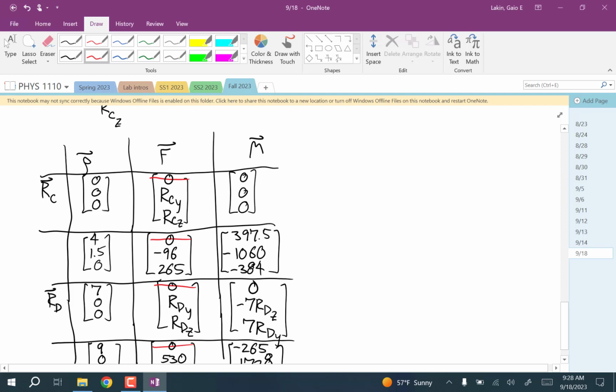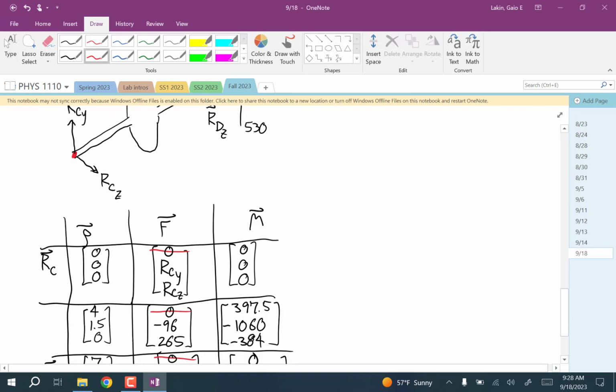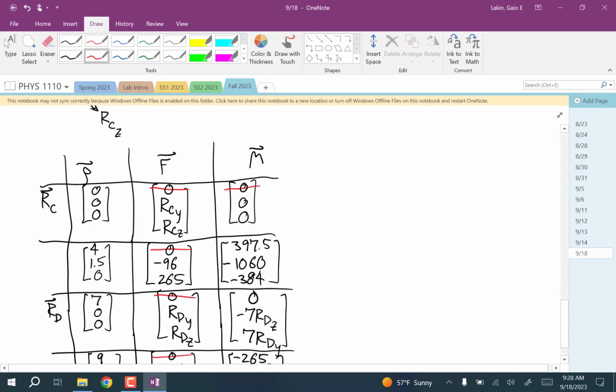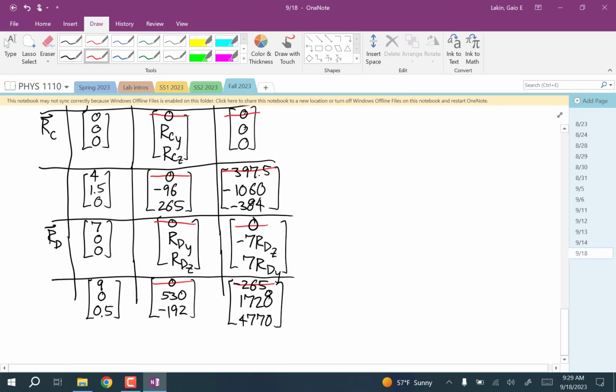So that doesn't help us. And the second one is the moment about the x-axis is not equal to 0. Okay, so now let's count variables. 1, 2, 3, 4. We have 4 variables, 4 equations, and you can solve for those loads.